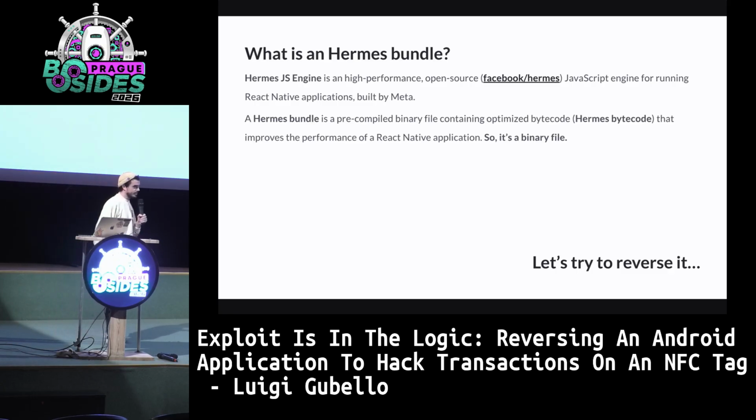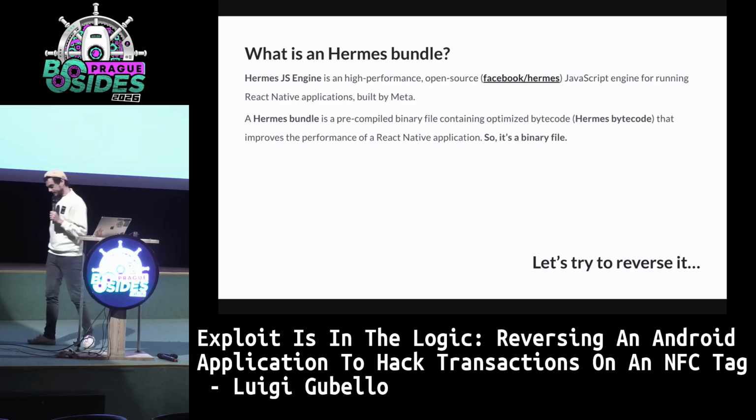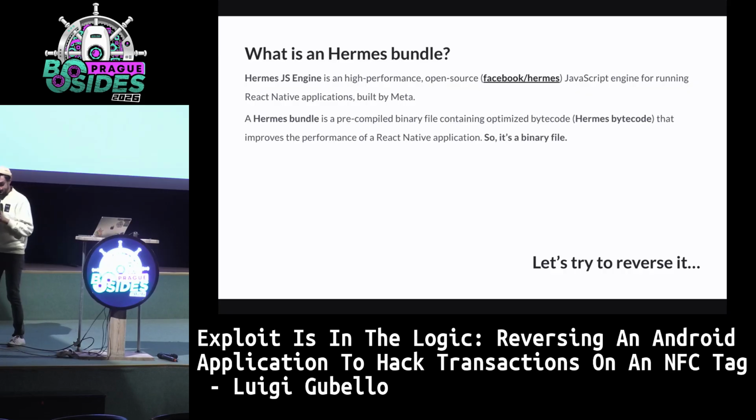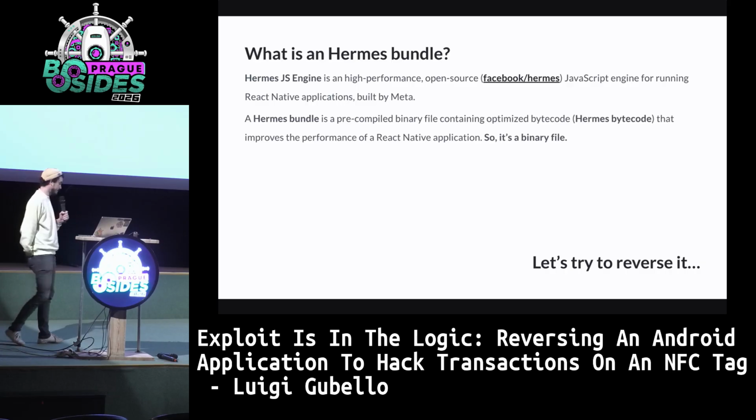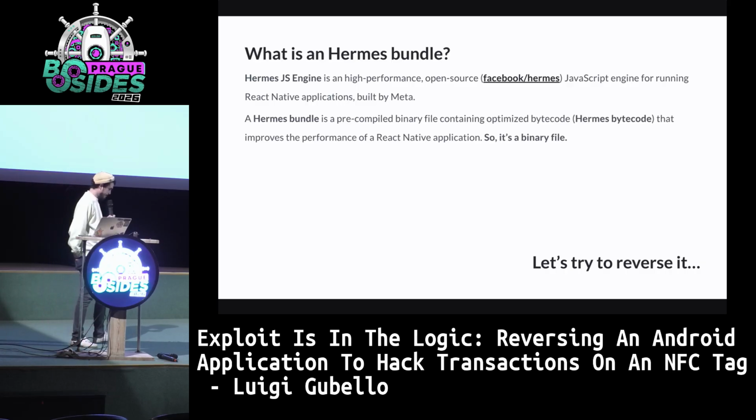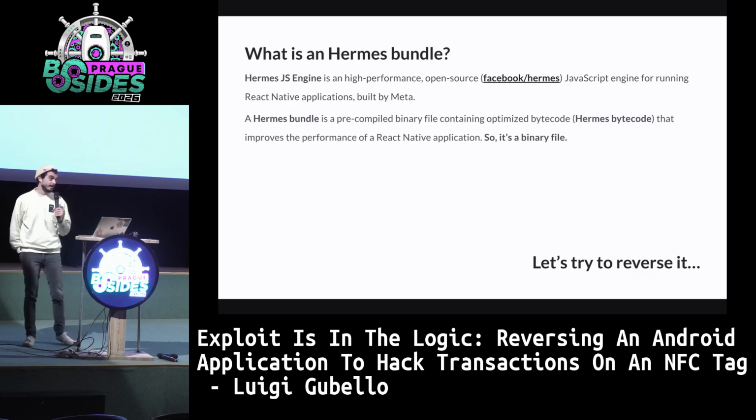So it is just JavaScript, obfuscated and optimized. But this means that if you try to open an Android index bundle that is a Hermes one, you cannot properly read it. It's a binary file, and you need to start to reverse every bytecode. This adds complexity.